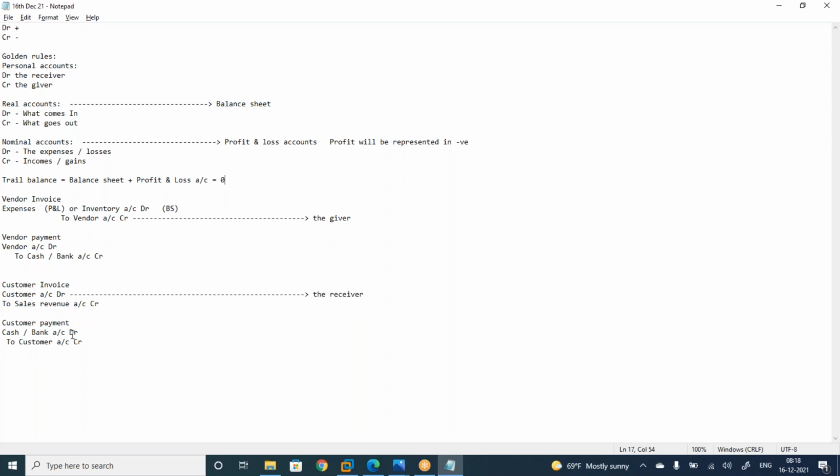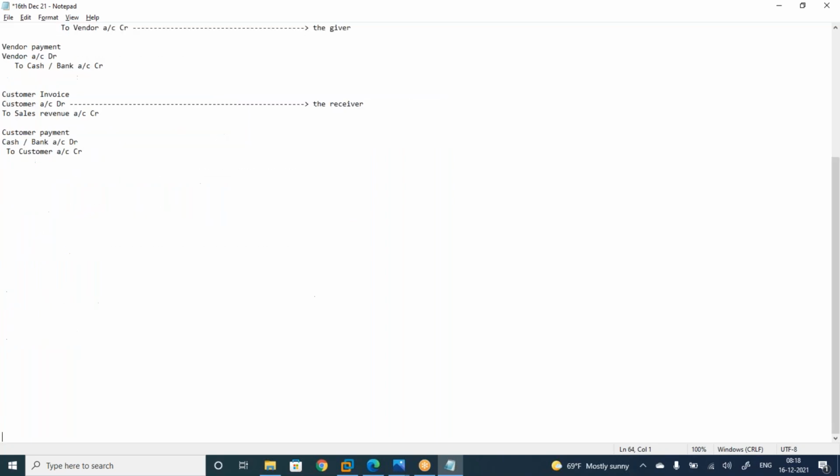Okay, now let me explain chart of accounts. Till now I have not discussed it. Chart of accounts is classified into balance sheet plus profit and loss account.